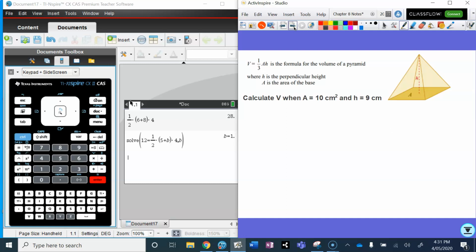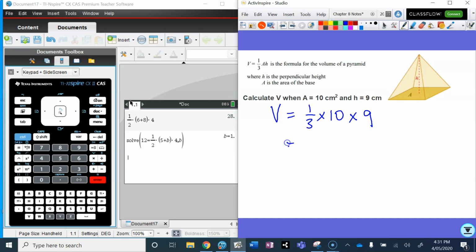So in this case, if we wanted to calculate v, and you can see from the formula up above that v is the subject, so this is a straightforward version of this skill. So I'm trying to calculate v equals, I know the formula is 1/3 of the area of the base, which in this case a is 10, times by the height of the pyramid, and I know the height is 9.